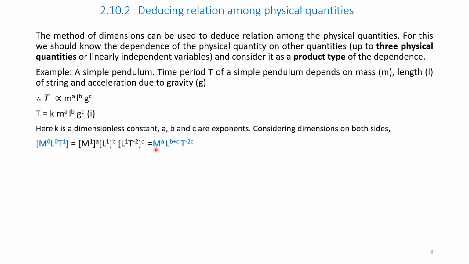Therefore, that is equal to M to the power of A, L to the power of B plus C, T to the power of minus 2C. Equating dimensions on both sides, we get A is equal to 0, B plus C is equal to 0, and minus 2C is equal to 1.